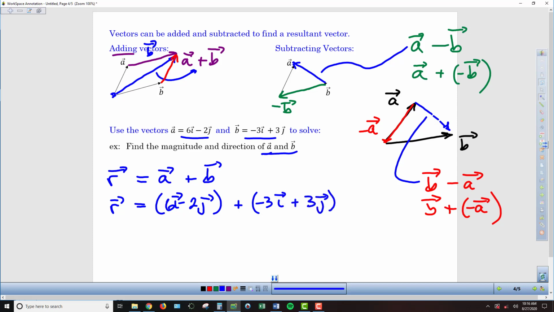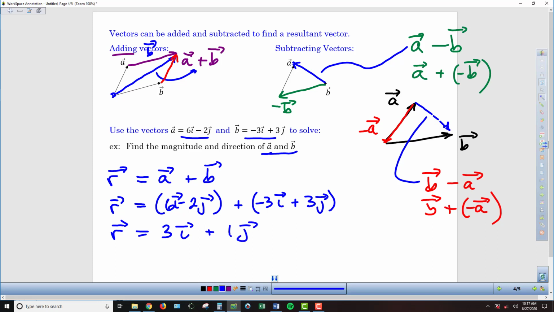Now I just have a gathering of like terms question here, where I'm going to gather up my i components and my j components to find the components of the resultant vector. So 6 plus negative 3 gives me 3i, and then negative 2 plus 3 gives me plus 1j.